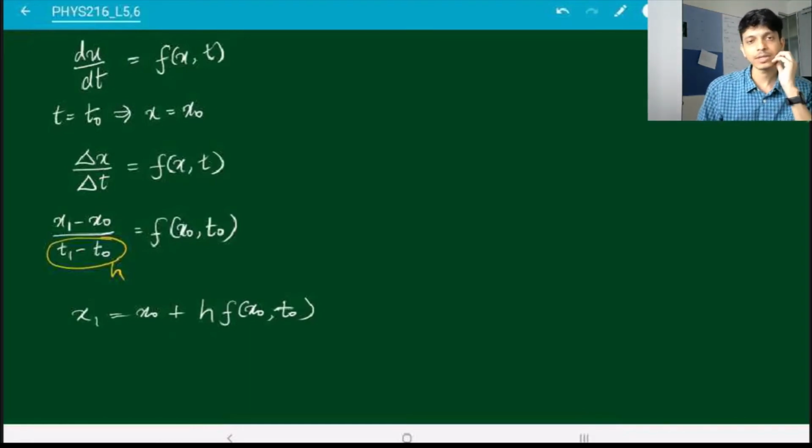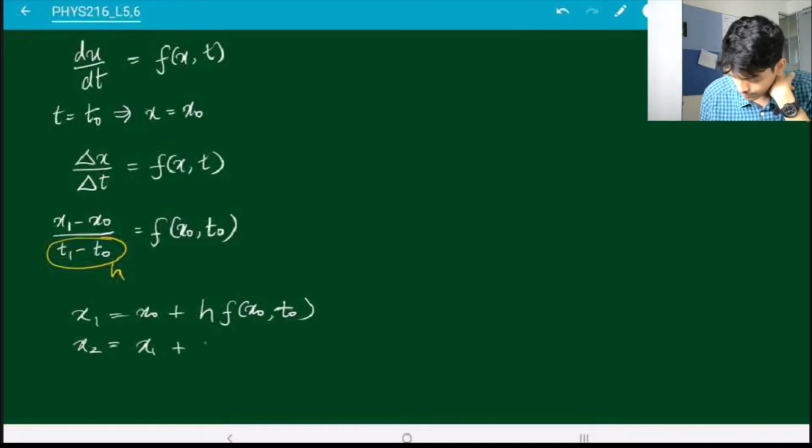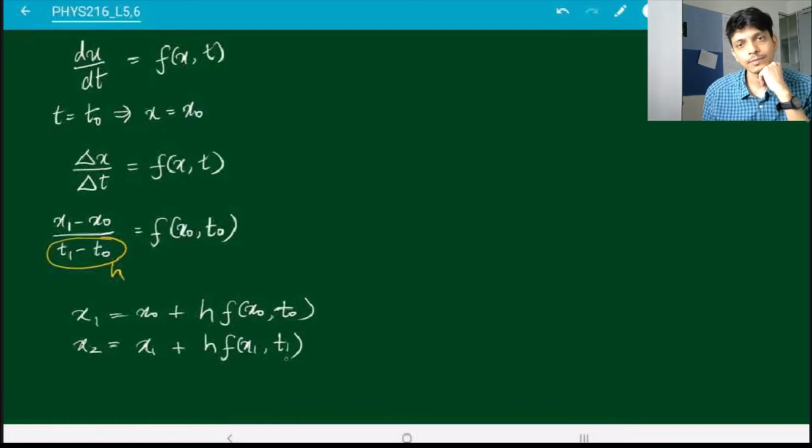So I found out what x1 is going to be. This is the value of x once I go to t1. Similarly, I know at t1 what is x1, so now I can find out x2 at t2. In exactly the same way, I will get x2 is x1 plus h times f of x1, t1, and I can keep proceeding along these lines.